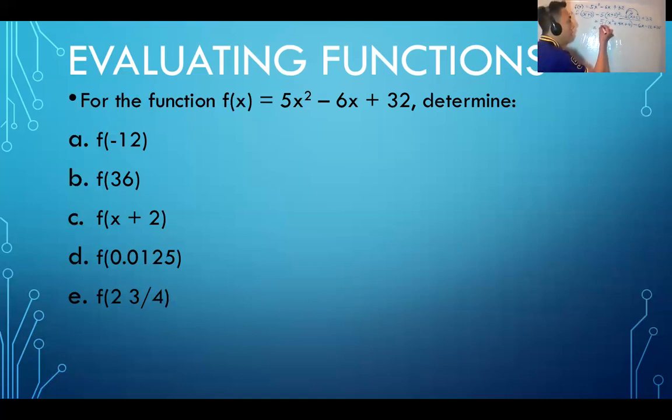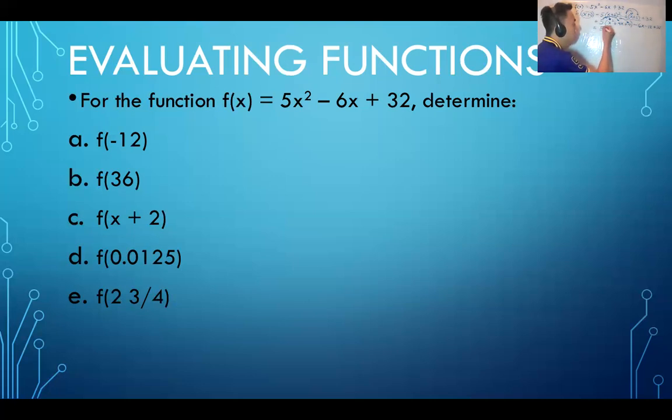Next, ito naman. Si 5 naman ang i-distribute natin sa loob. Okay, we need to multiply 5 in every part of this trinomial. This trinomial, we have 3. Now, what is 5 times x squared?